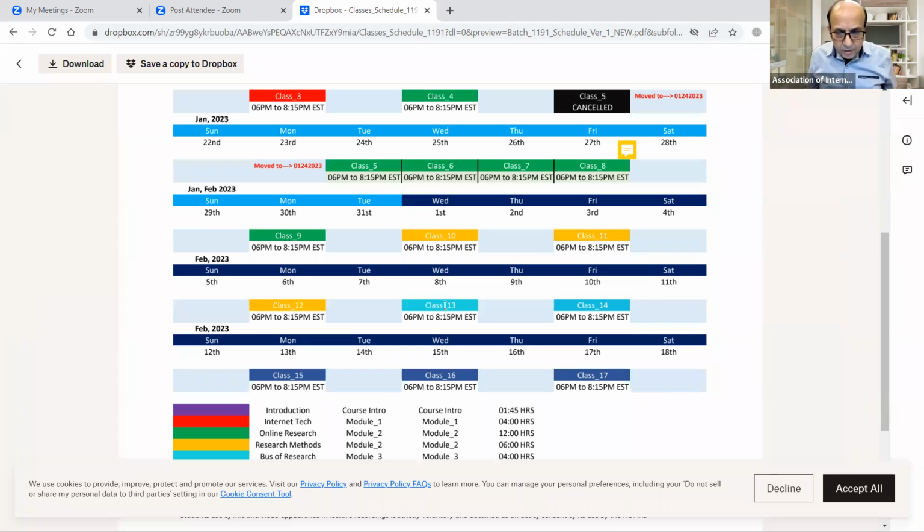What is going to happen now is that when we have the last class on the 17th, we will have to add another class on Monday, the 20th. So if you don't mind, I'm just going to add that to the schedule.